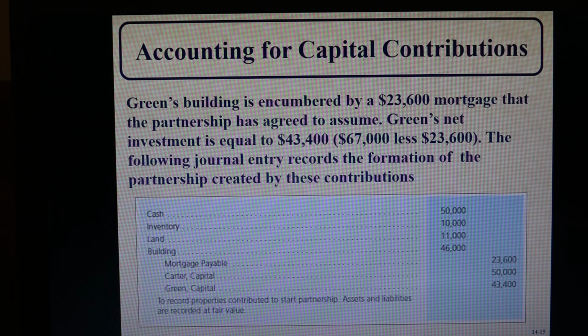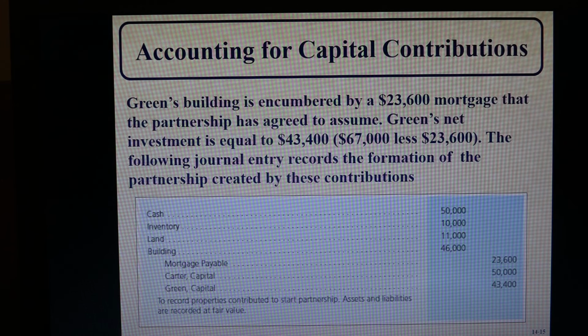And so what happens there with the mortgage is, once the building and the mortgage are contributed to the partnership, the partnership assumes the mortgage. And so it's as if Green is getting relieved of that debt, or at least half of it.